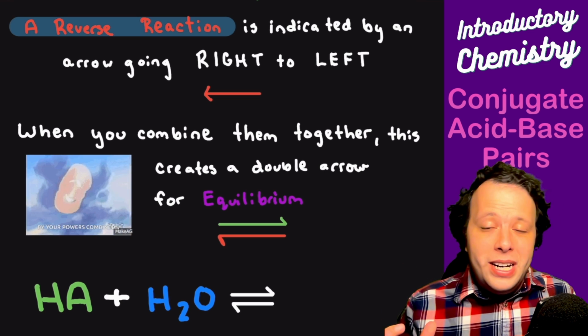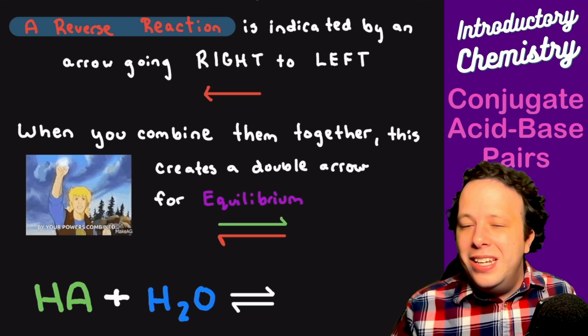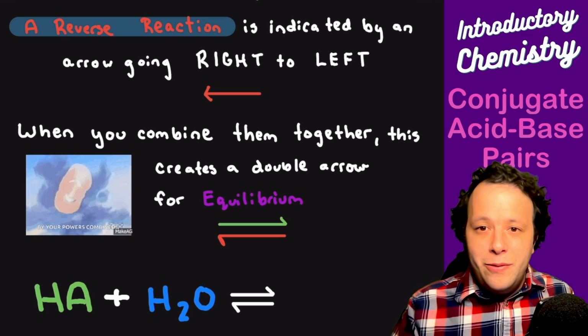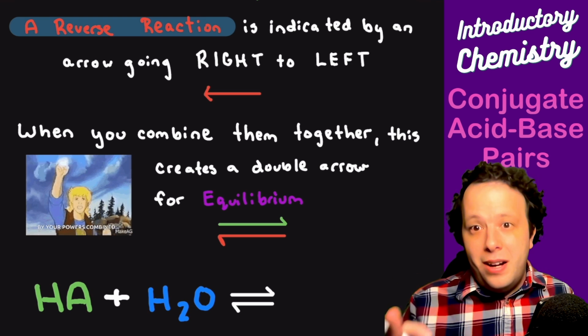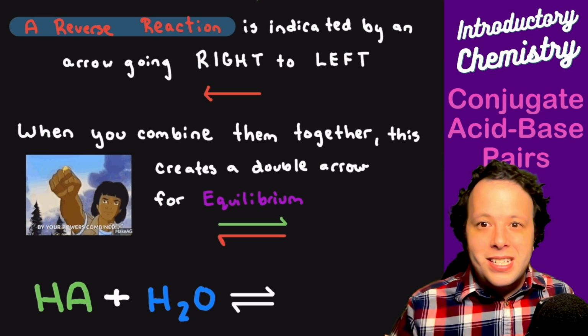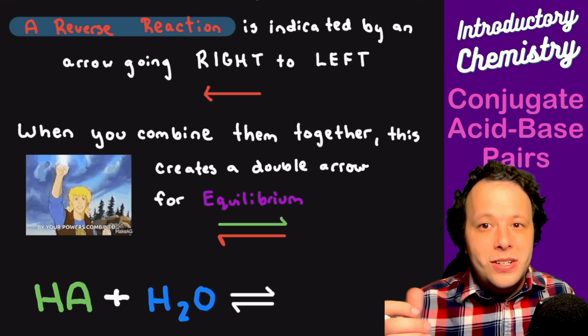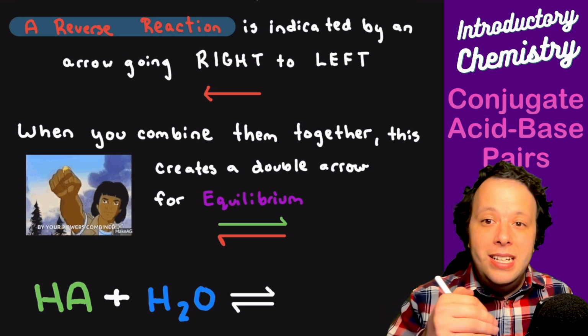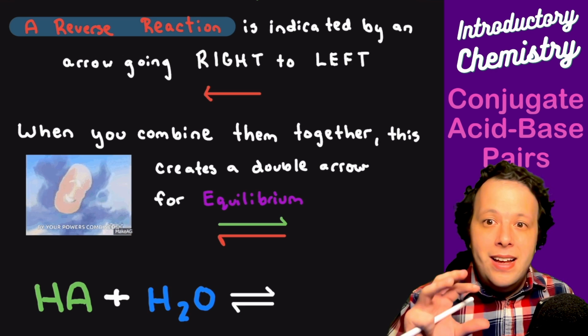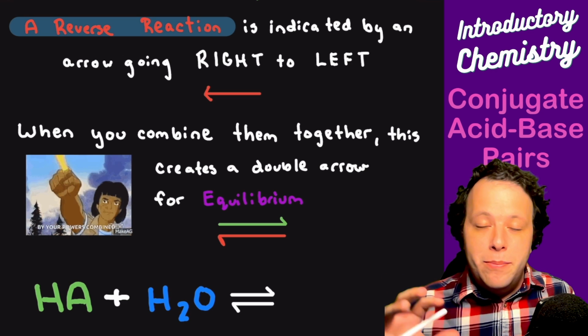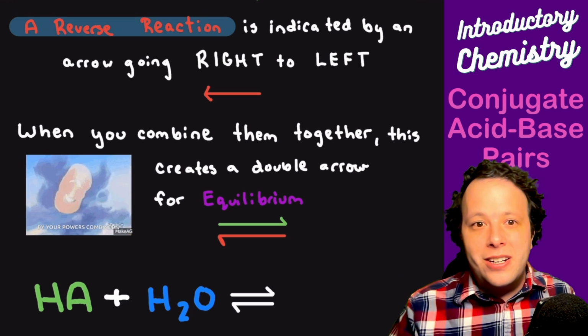Does that mean you have to do anything else in terms of balancing or anything in terms of reactions? No. All it's telling you is that the backwards reaction is possible. It's the same process that you were using before, but it's giving you another piece of information: that the reaction has a tendency to mainly stay as reactants or mainly stay as products, depending on the conditions of the reaction.